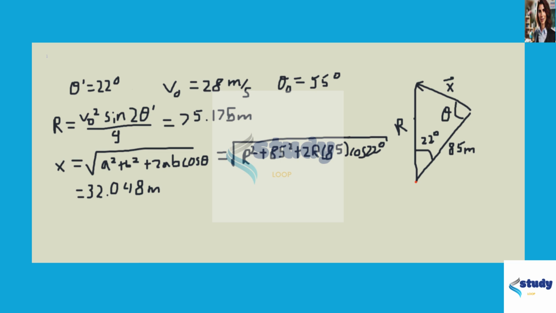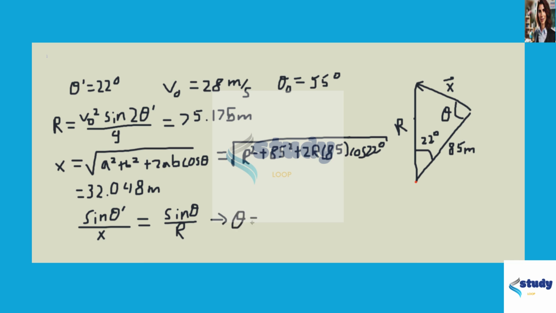Okay, so now we found the distance that the outfielder must cover, and the angle theta at which the outfielder should run is found from the law of sines, which says that the sine of the angle theta divided by R is equal to the sine of the angle theta prime divided by X. Now we want to solve for theta, because that's what we want to find.